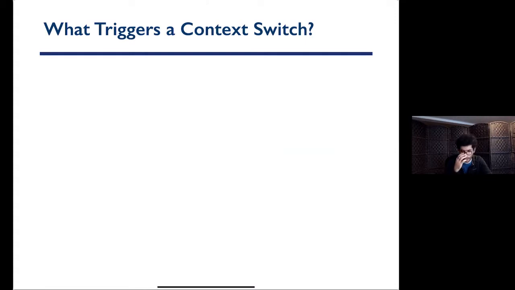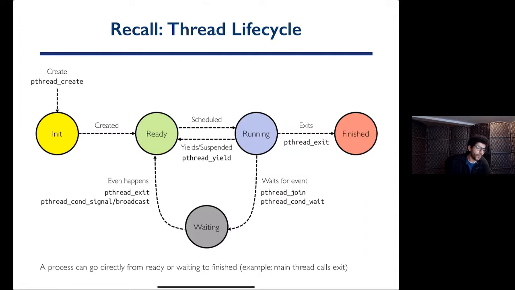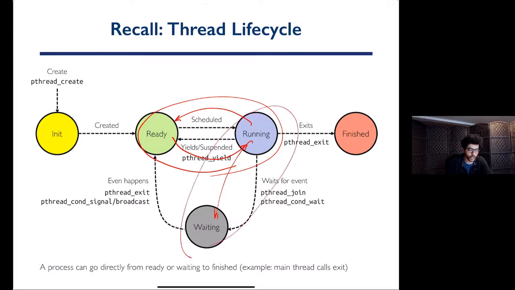Now, one question is, what triggers context switching between threads? What makes threads go from running to ready and another thread from ready to running? Or from running to waiting, how is this triggered?